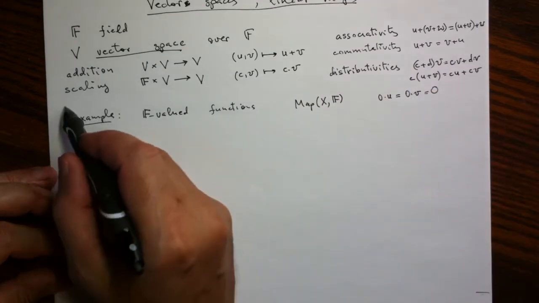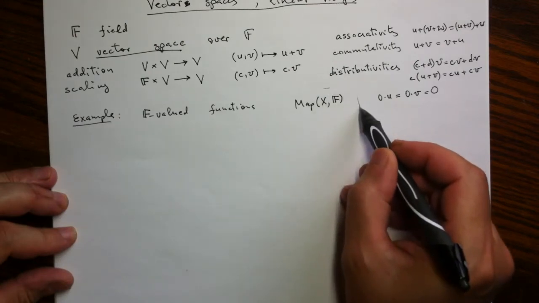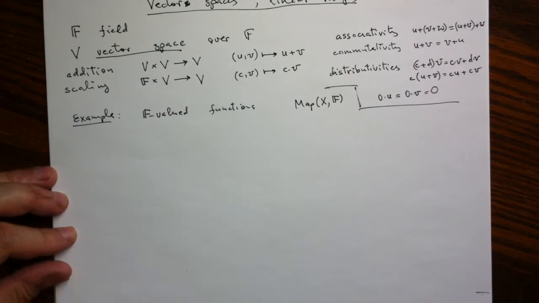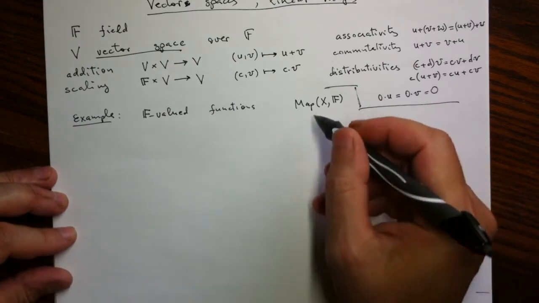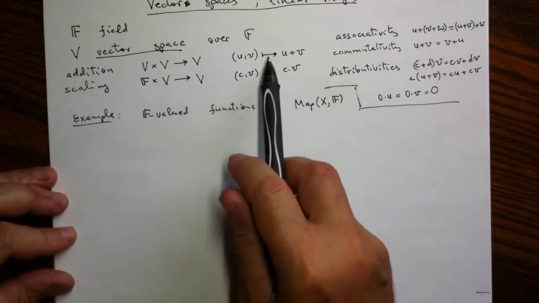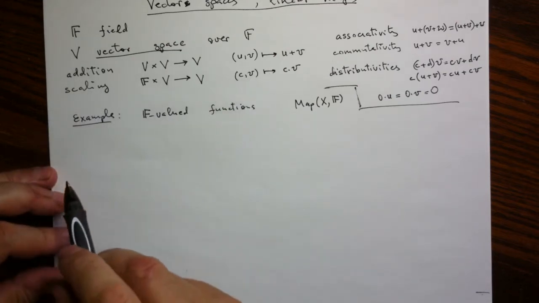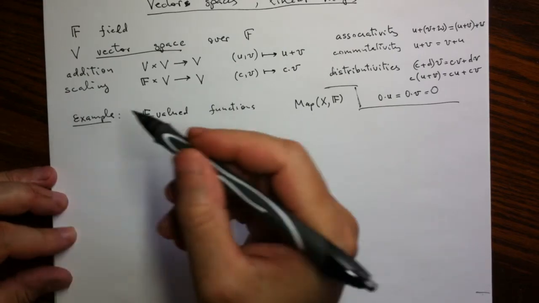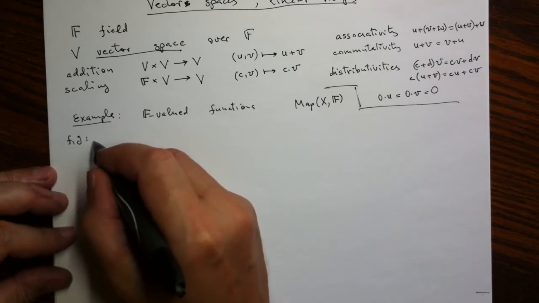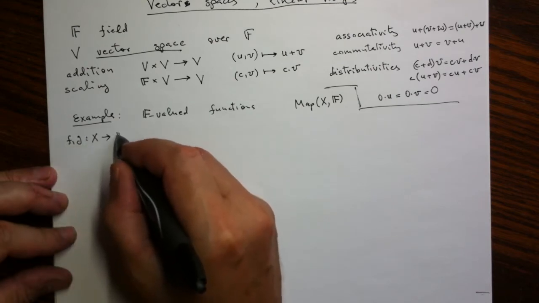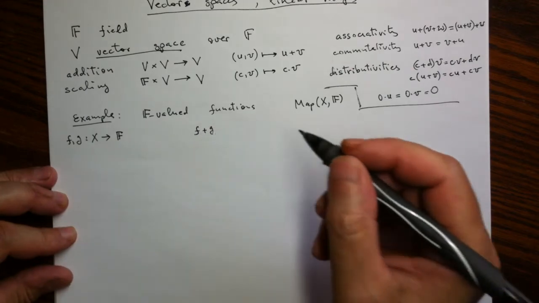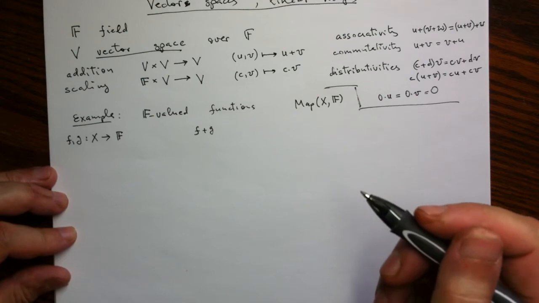This is still the definition of my vector space. That will be my set V, and then I need to define addition and scaling for elements of this V. If I take two maps f and g, I need to define a sum. That has to be a function on X with values in F again.